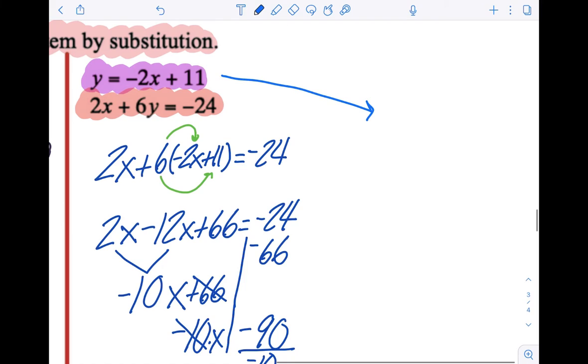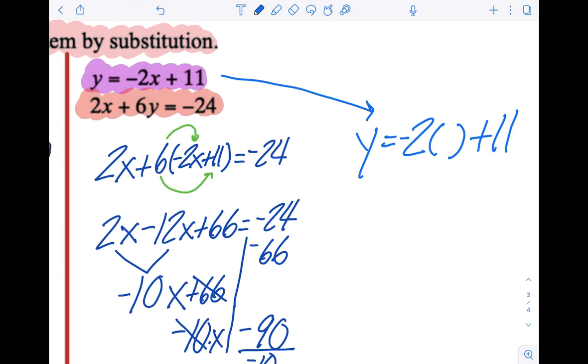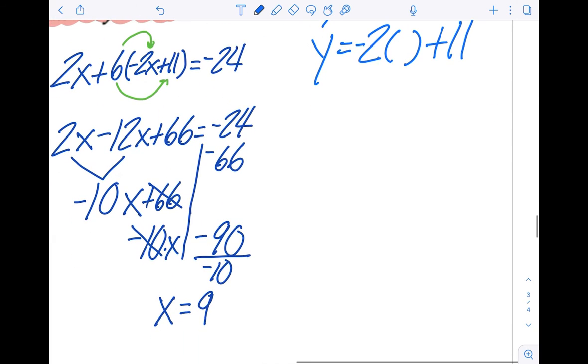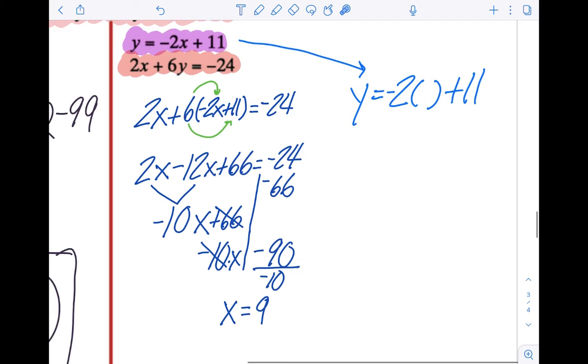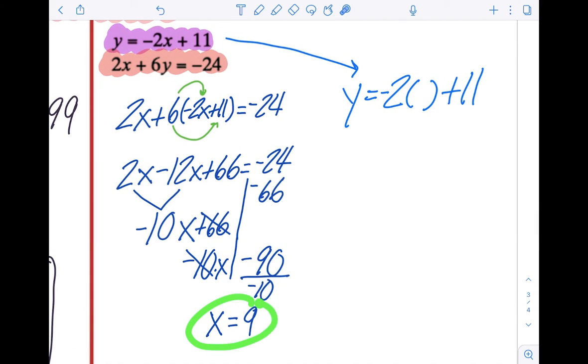So I'm going to pick the top purple one to copy over. And I'm going to say y is equal to negative 2 parentheses plus 11, just like that. And I put parentheses because this was 2x, but I know x is equal to 9, so 9 is going to go right in there.